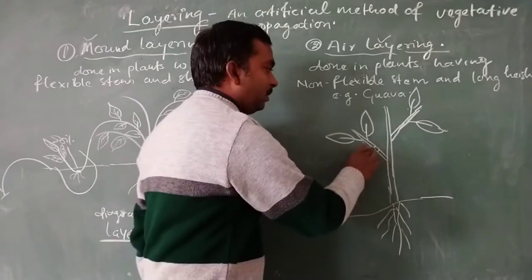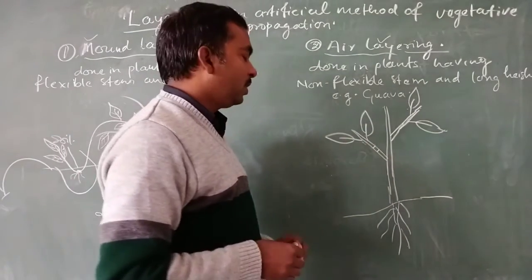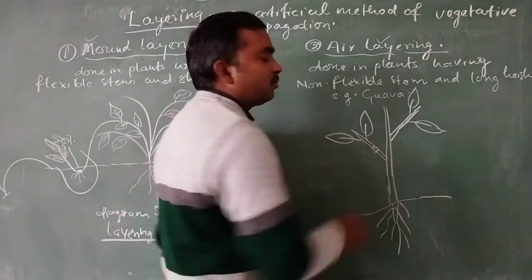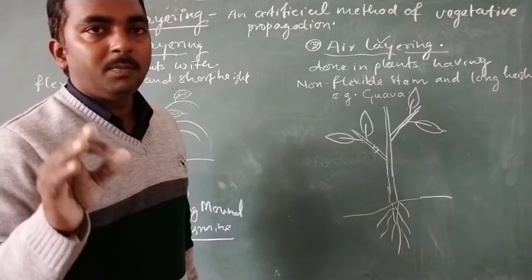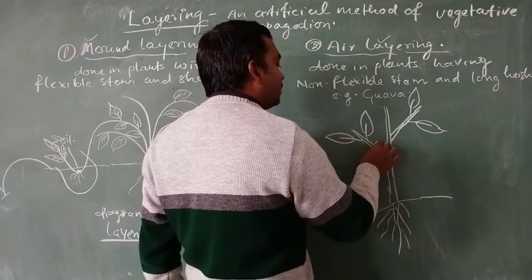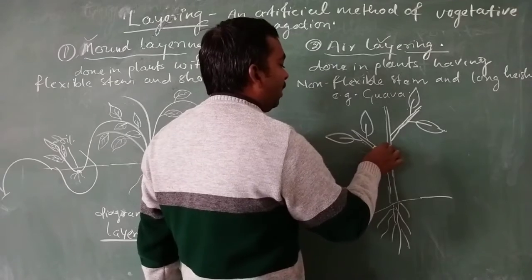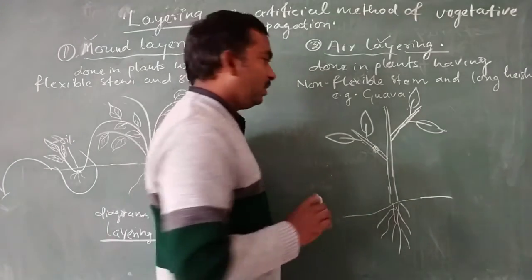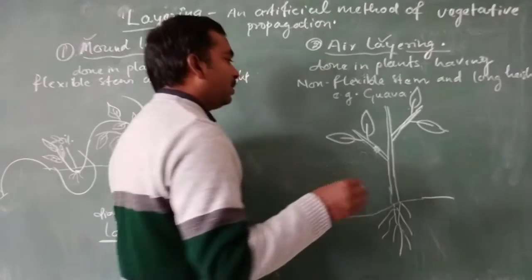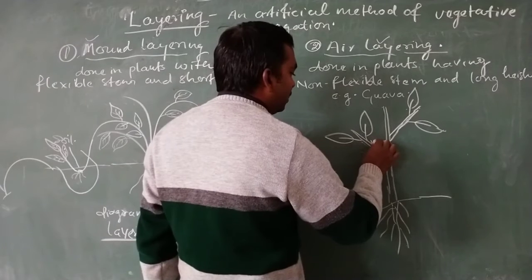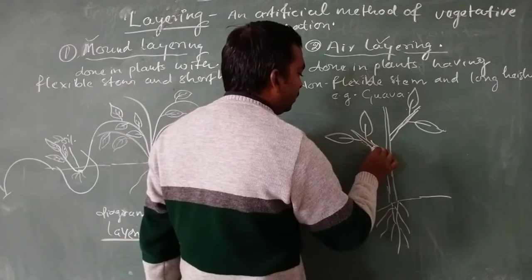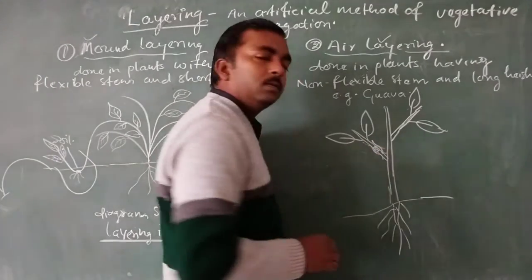After removing that upper portion, we put some soil or some substance that makes continuous moisture. After putting this soil or dung or any kind of material that can keep proper moisture for longer duration, we cover it with a polythene paper.